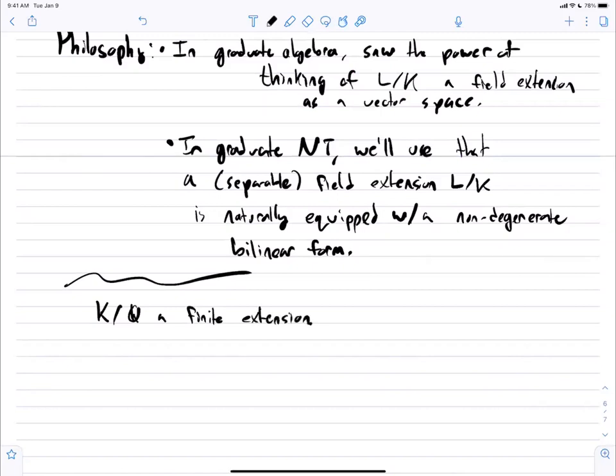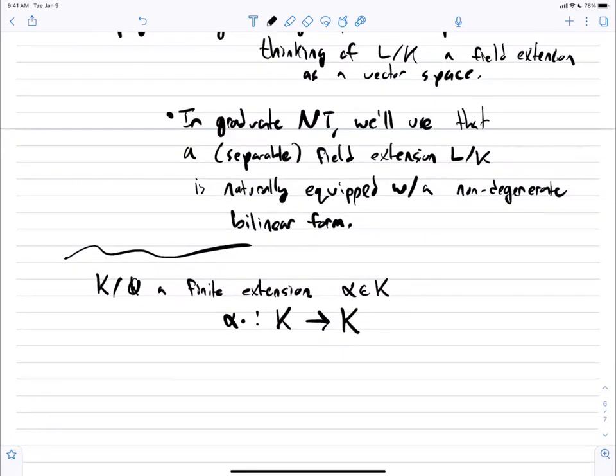Okay, and then if I have some element alpha contained in K, well, I can think about just multiplying by alpha. This is a linear transformation of a Q vector space.